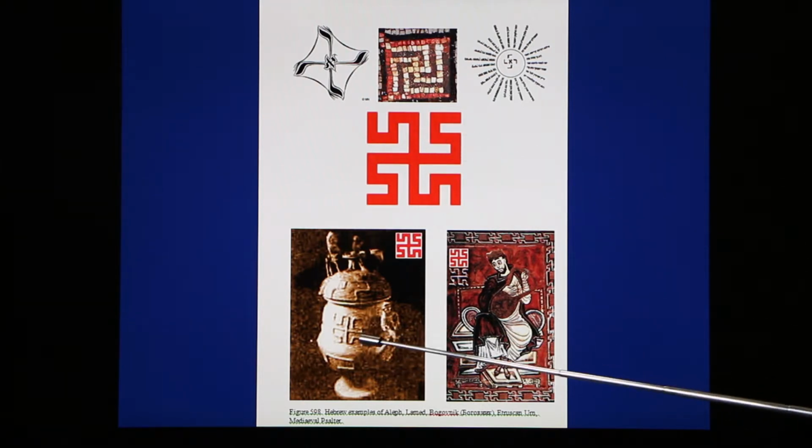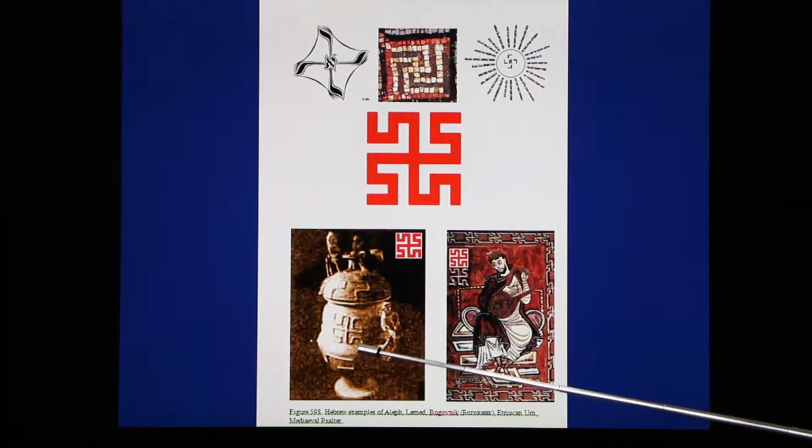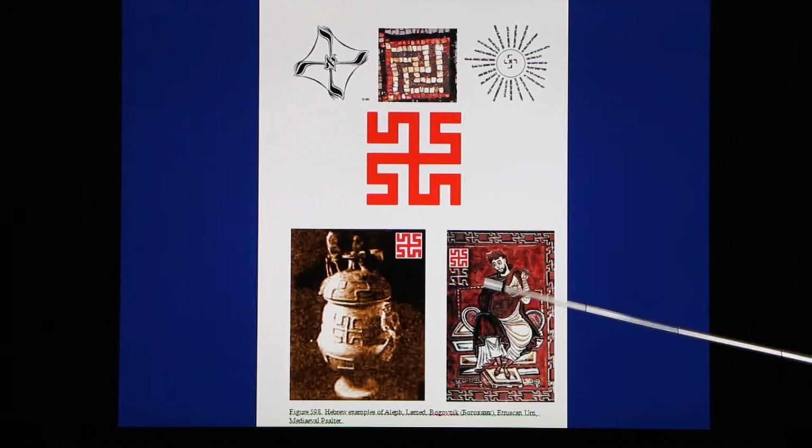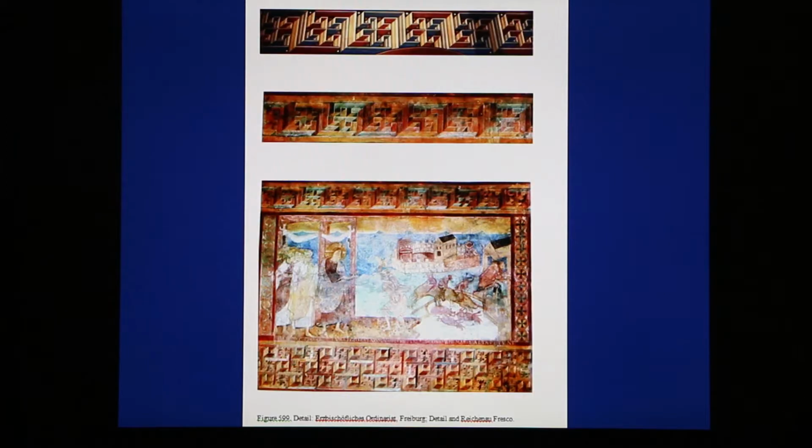Yes? Now I have the Rodovik symbol on an Etruscan vase, and here I have the Rodovik figure on a medieval French manuscript. And here you see it as part of the Erzbischöfliches Ordinariat, or the Archbishop's palace or building in Freiburg.